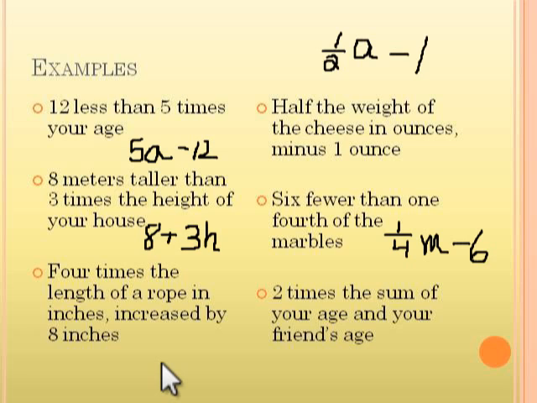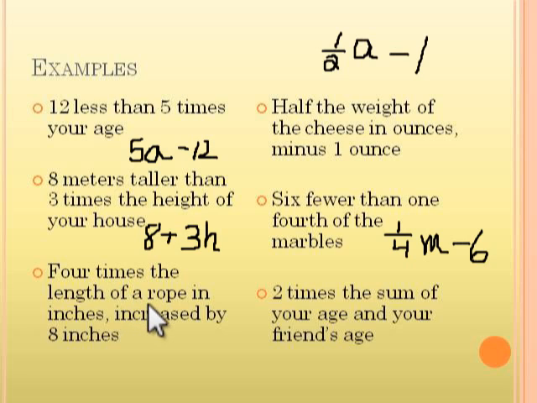4 times the length of a rope in inches increased by 8. Not going to write this one down. I want you to think about it. 4 times the length of a rope in inches increased by 8. So we would have a 4. The word times, of course, means multiply. 4 times what?